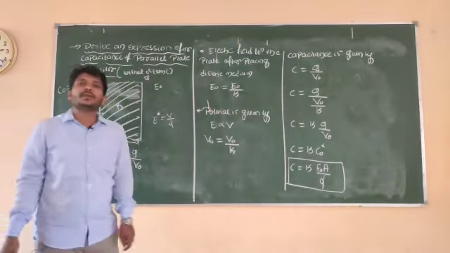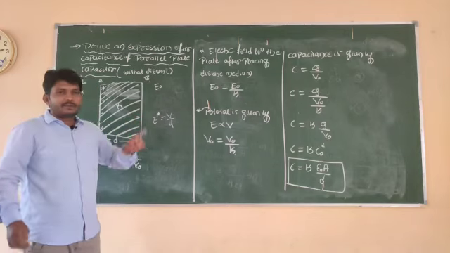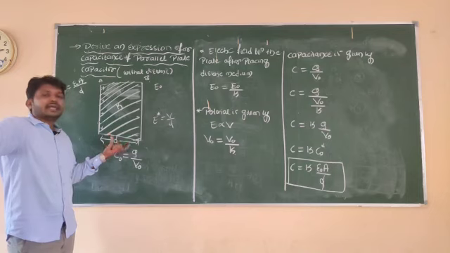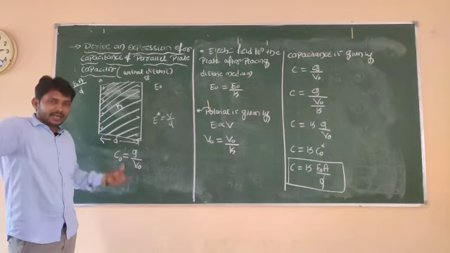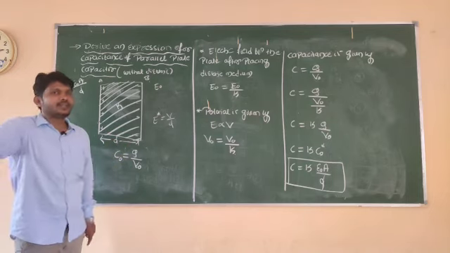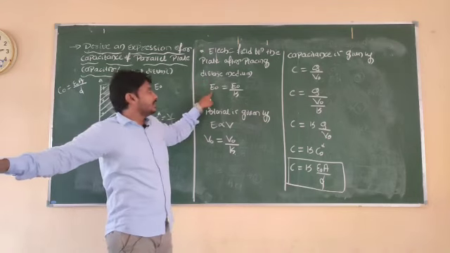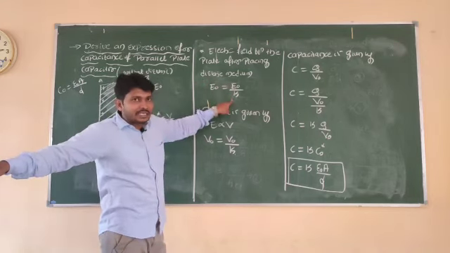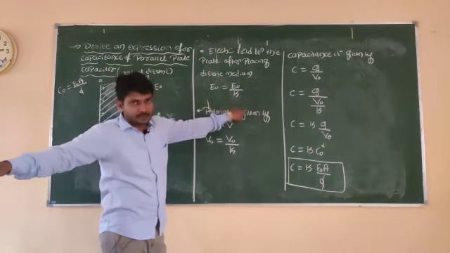So look at the new capacitance value after placing a dielectric medium. When you place the dielectric medium between plates A and B, its field value decreases from E0 to E0 by K. If the field value decreases, I will come to know about its potential value.